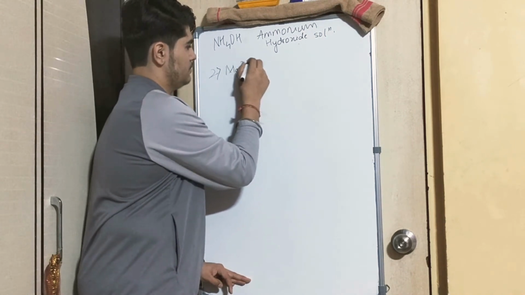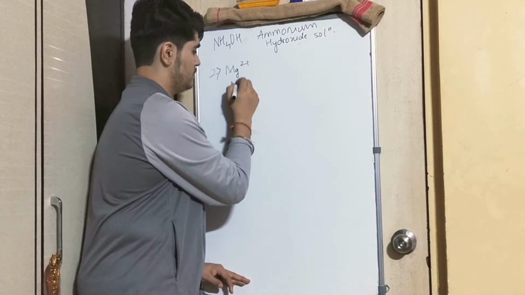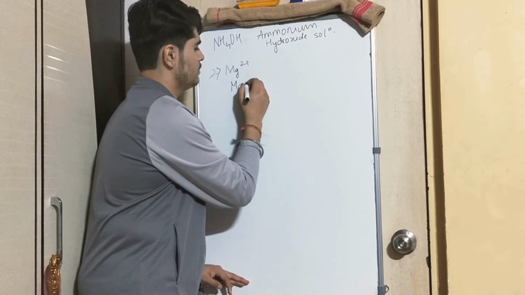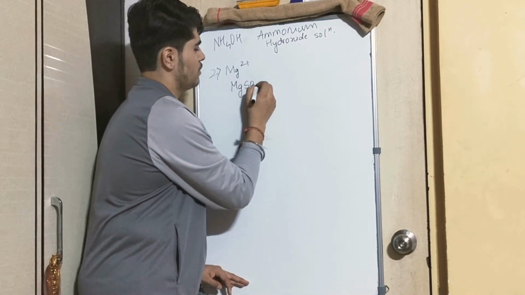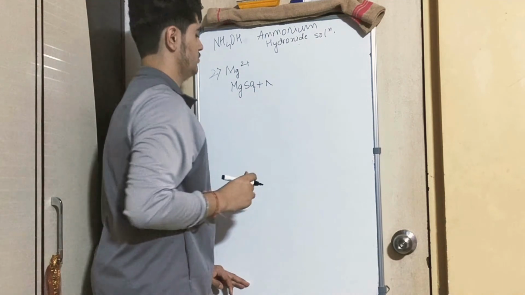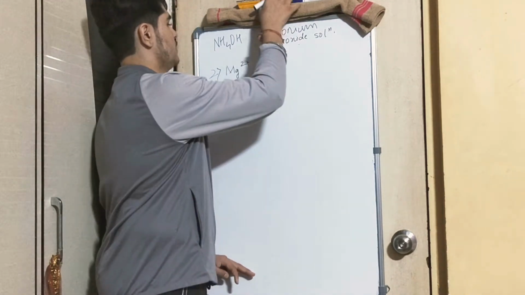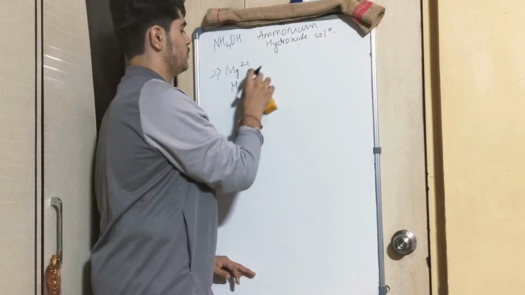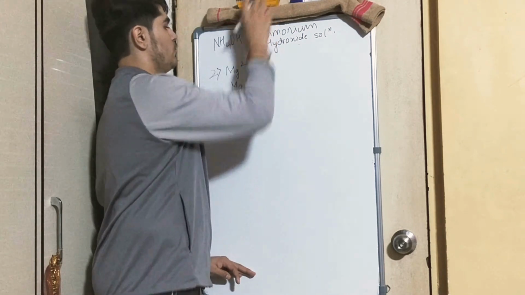The second ion is the Mg2+ ion. So we are taking the salt MgCl2, not MgSO4.